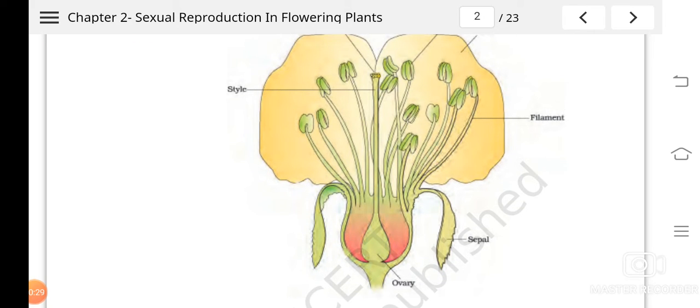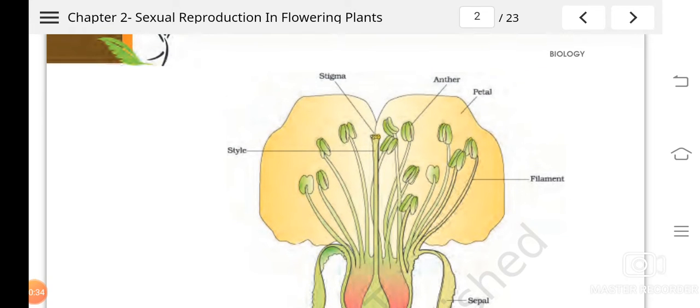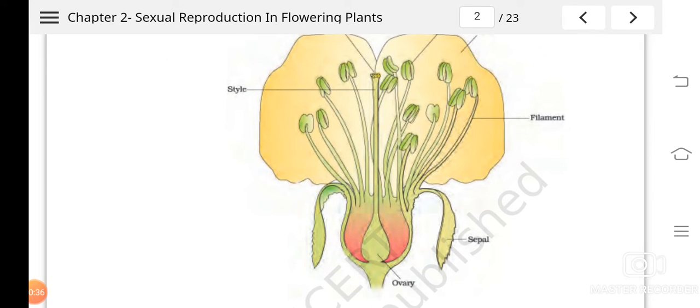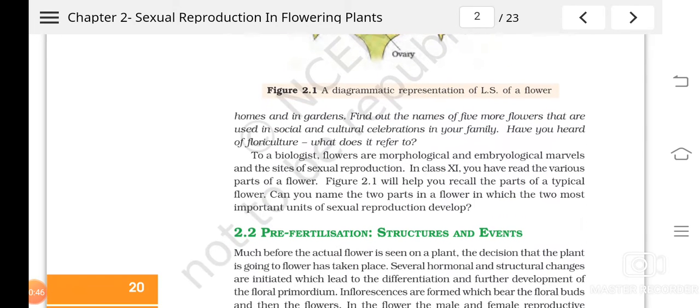Sepals or calyx, then corolla, the units of corolla are petals, then androecium, the units are stamens, and then the gynoecium, the units are carpels. So like this different parts you have already studied, isn't it?